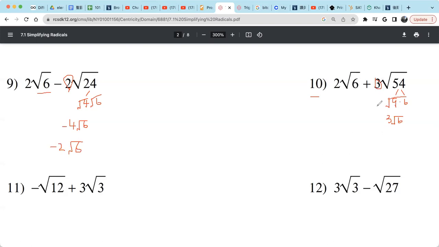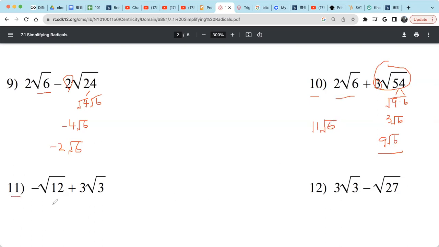But then multiply by the 3 before it already. 3 times 3, that's 9. So we have 9 radical 6 for the second term. Now the second term, 3 radical 54 becomes 9 radical 6. Okay, it's like a radical with 2 radical 6. So 2 plus 9, 11. So the solution for number 10 is 11 radical 6.